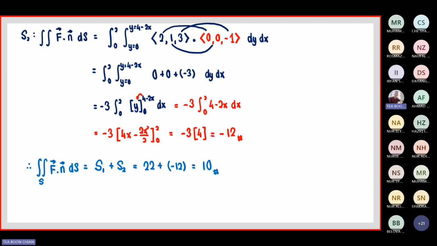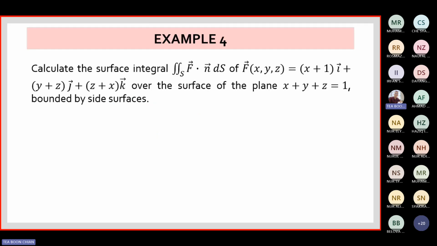All right. Now, for the example 4, I will not go through with you example 4. Instead, I will just give you some hint you can later try on your own. Now, in this example 4, calculate the surface integral of the vector function f over the surface of the plane x plus y plus z equals to 1, bounded by the side surfaces.